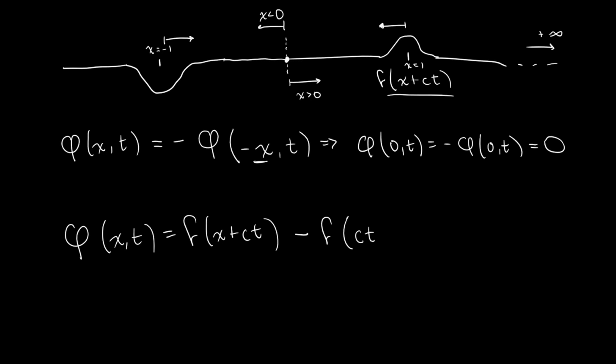And that, of course, just gives me f of ct minus x. Okay? And so now I can essentially forget about whatever's happening on the left-hand side here, I can pretend that that doesn't exist because in the physical system I've already said it doesn't. I'm only concerned with what's happening on the right-hand side. But I can still treat my wave equation as if that piece does exist. So this idea is known as the method of images.